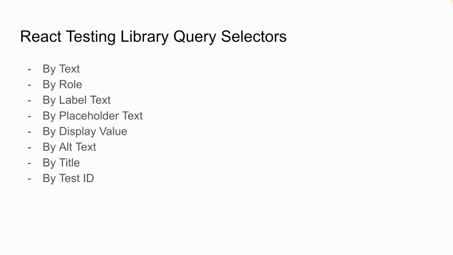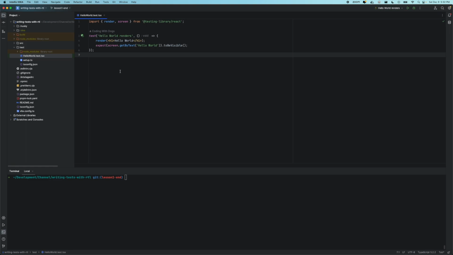So, this is where we left off in the previous lesson, with our simple Hello World test. Now, we're going to build upon this to demonstrate all the different selectors that are available in RTL. So, first and foremost, I'm going to grab something I've written ahead of time.